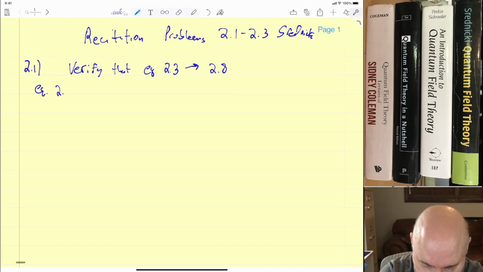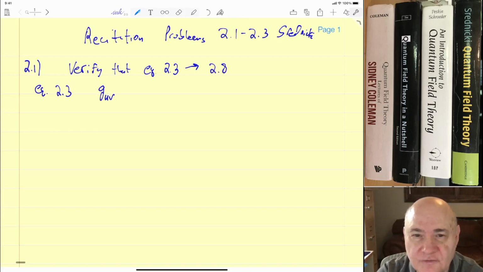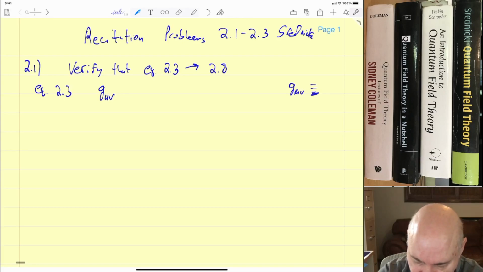equation 2.3 is simply g mu nu. Just a matter of notation, Srednicki tends to use the full metric notation g mu nu that you use in general relativity for a general metric, rather than eta mu nu for a Minkowski metric. So I'm just following what he's doing here, but just remember that g mu nu is defined to be eta mu nu.